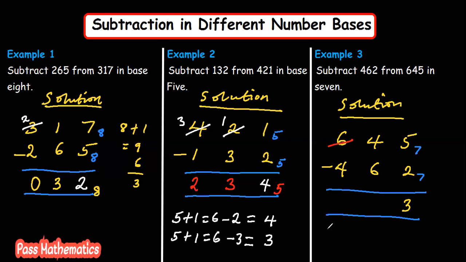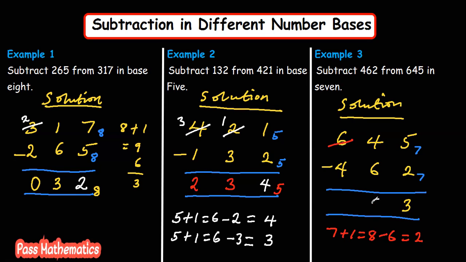So we are now going to have 7 plus 1, which is 8, and then we say minus 6, and then we are having 2. So we should have 2 written down here.